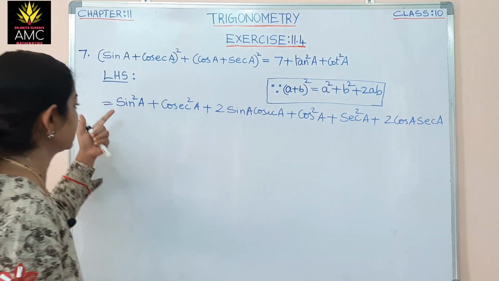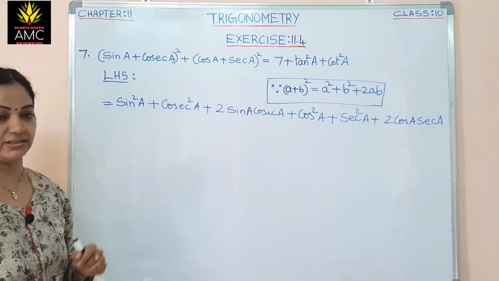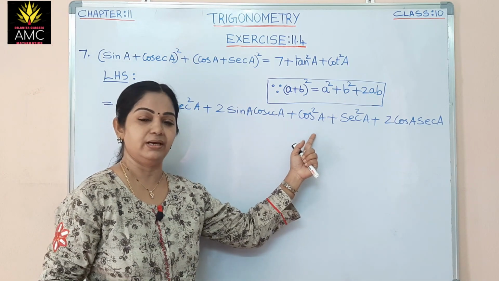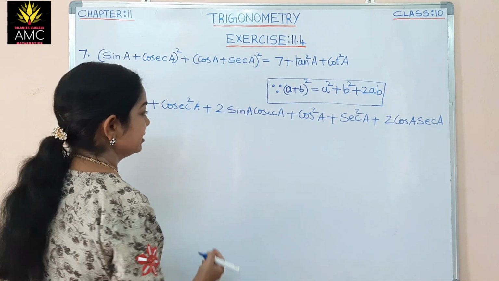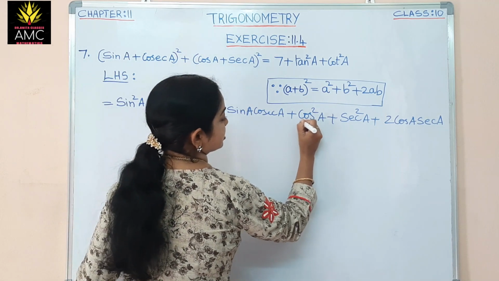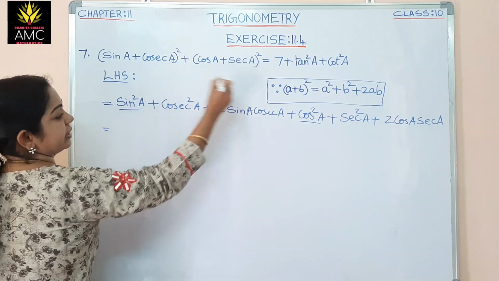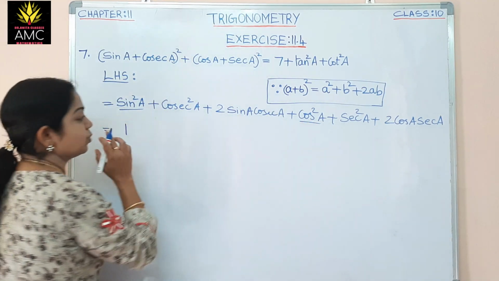Now see this. Now we know the trigonometric identities. The first trigonometric identity involves sine square and cos square: sin² A + cos² A is equal to 1. So instead of sin² A + cos² A, I am writing 1.